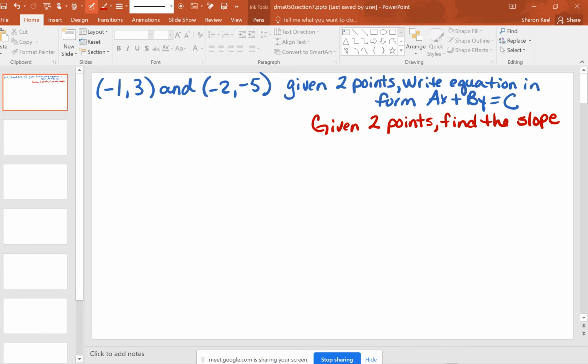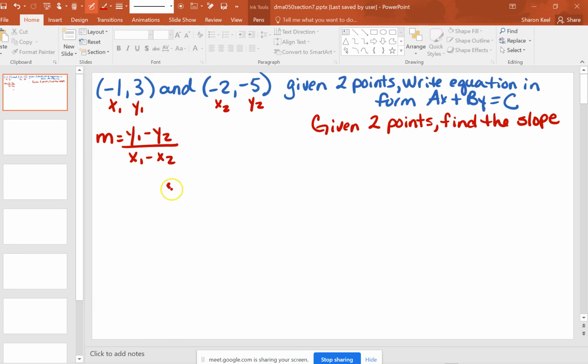Hang on. Okay, so if given 2 points, what we're going to do is find the slope. We have an x and a y here, and we have our second x and y here. So when we find the slope, we subtract the 2 y's, and in the denominator, we subtract the x's.